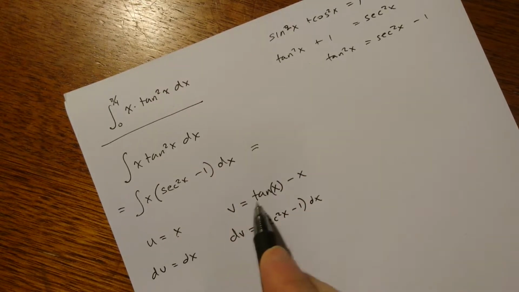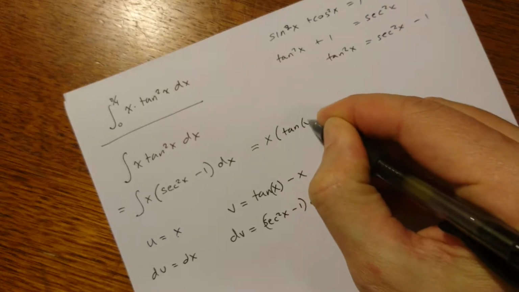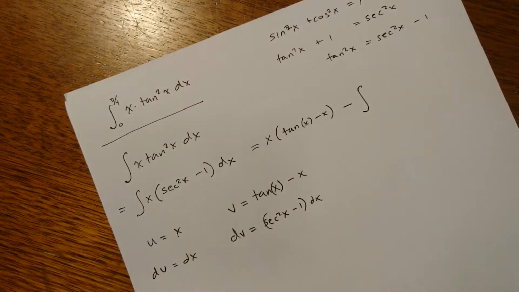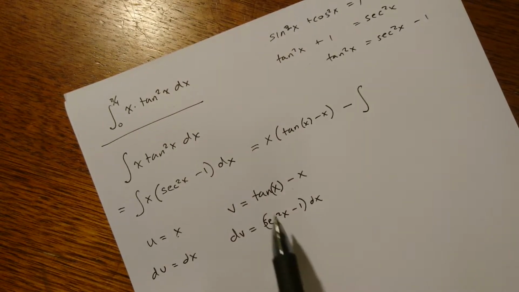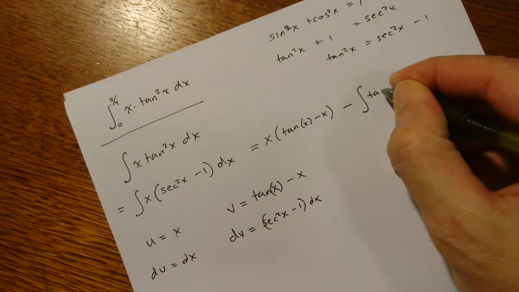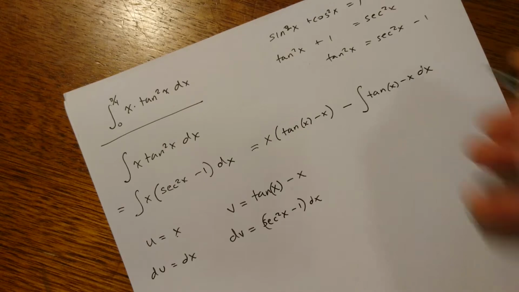We get u times v, so x times the tangent of x minus x, minus the integral of v du. Right, so this will be tangent of x minus x dx.